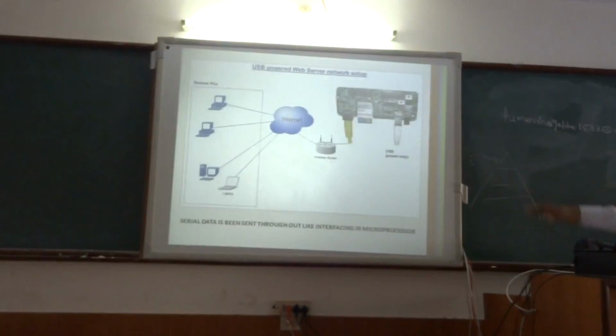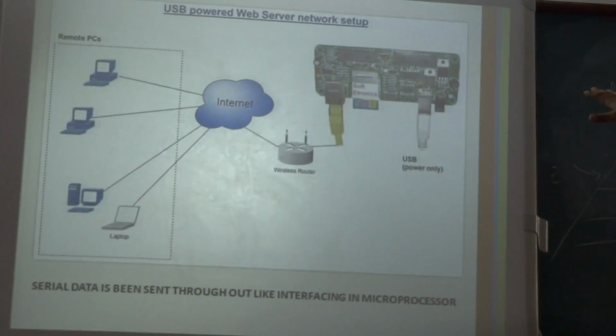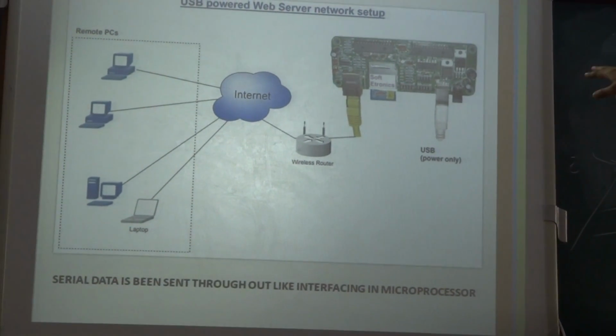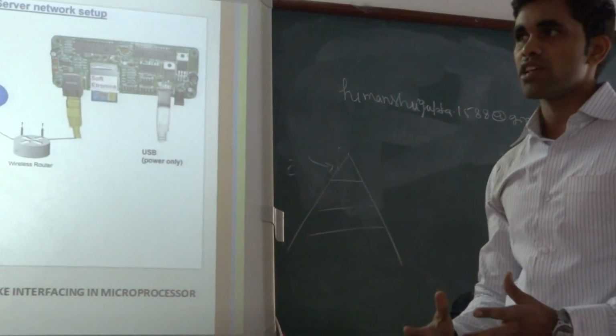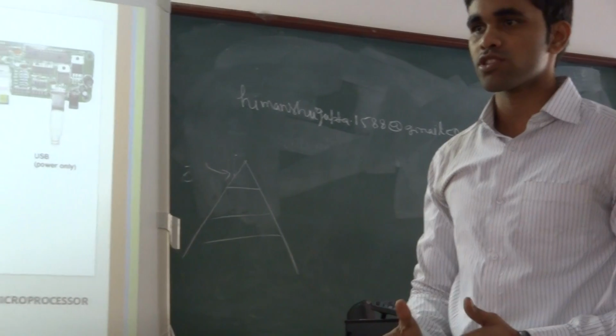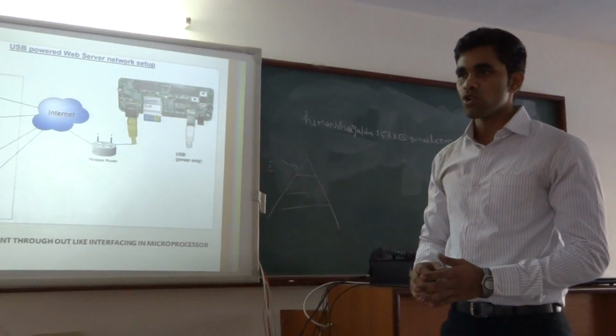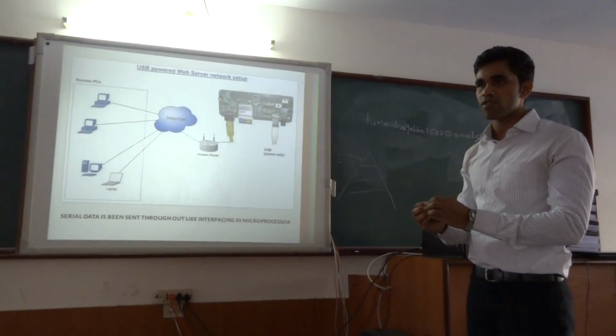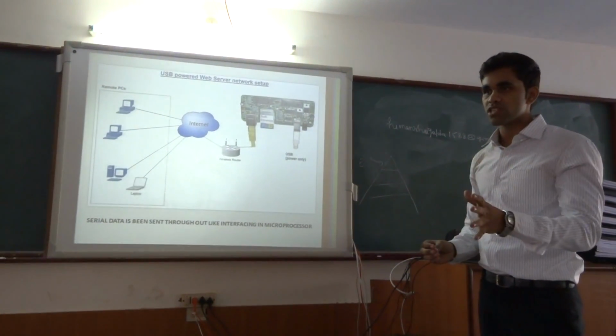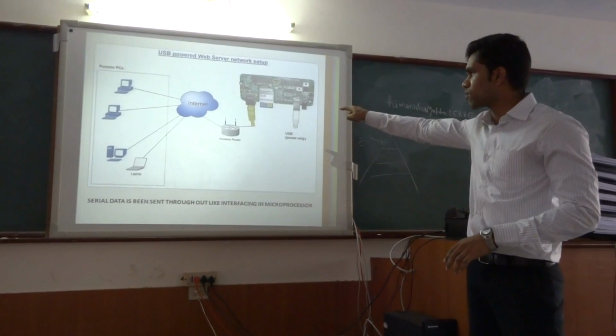So this is the actual setup. When a server is connected, I use my web server as access, and I can transmit the same output signal with the help of the serial port.